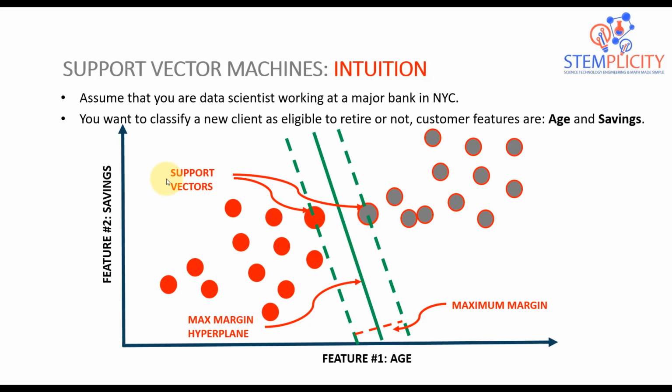All right. So what do you mean by this? In a nutshell, what a support vector machine is doing is trying to find these 2 points on the boundary, which are hard to classify as either retired or not. They are on the boundary in here. They might even be closer to each other.